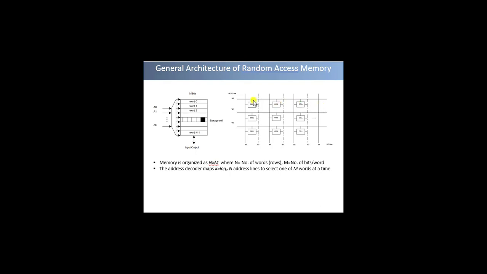Depending upon whether we are performing a read or write operation, either the contents coming from the bit lines B0, B1 and so on are copied onto the cells, or, when we are performing the read operation, the contents of each cell are copied onto its corresponding bit line. The way these cells are implemented corresponds to a particular type of random access memory, whether it is static or dynamic. What is the concept of shared memory?